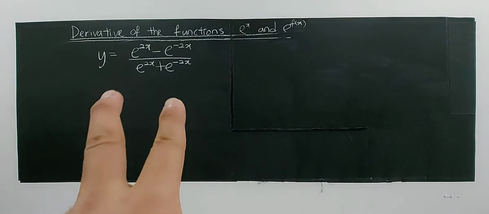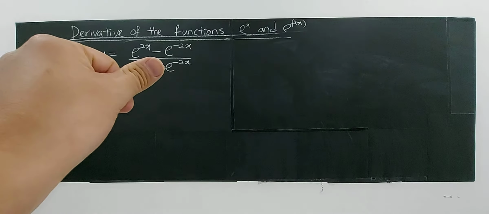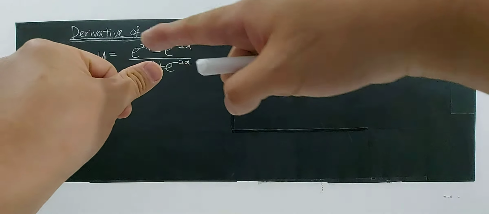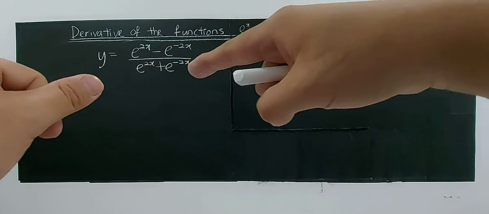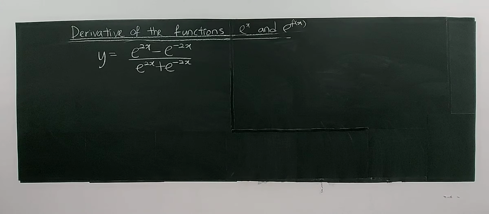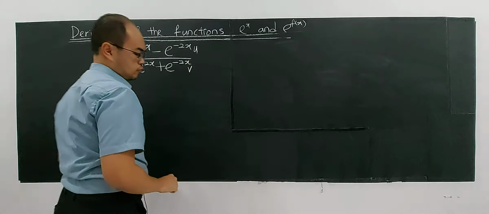This is not a single function, you know. If it were a single function, let's say only e to the power of negative 2x, then you can divide separately, right? But this is an addition, two terms. So you have to apply the quotient rule. This will be your u and this will be your v.